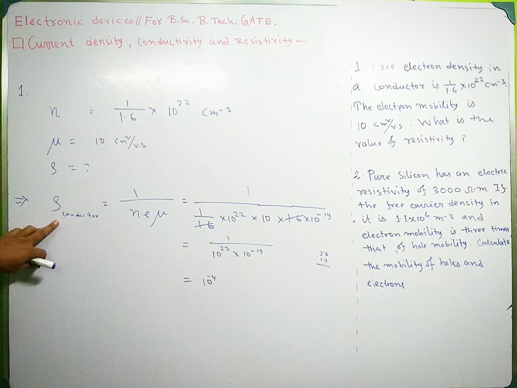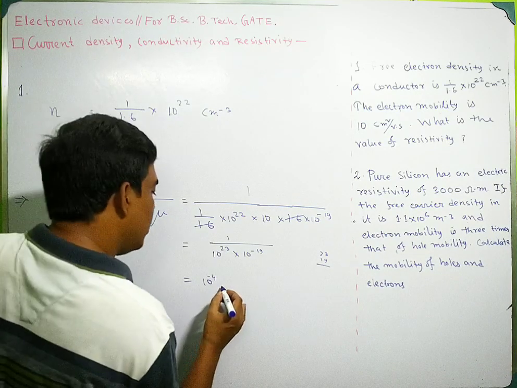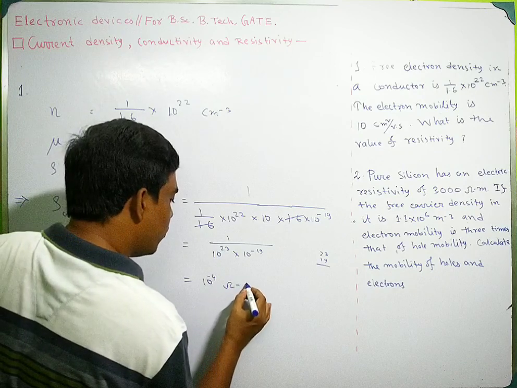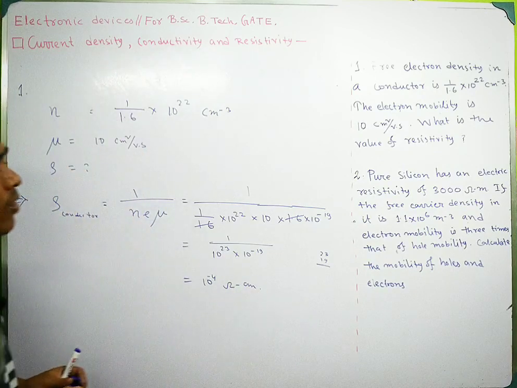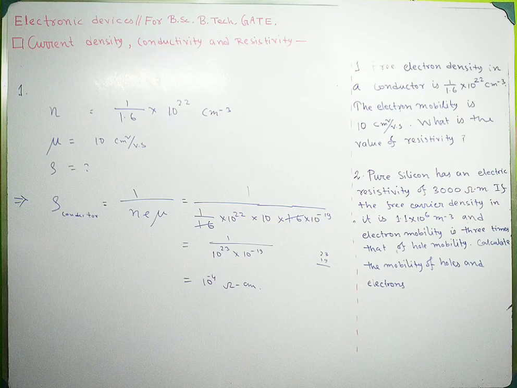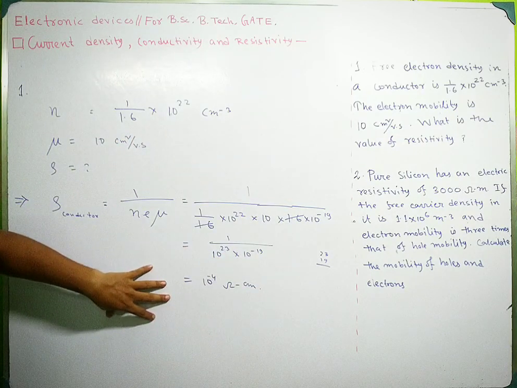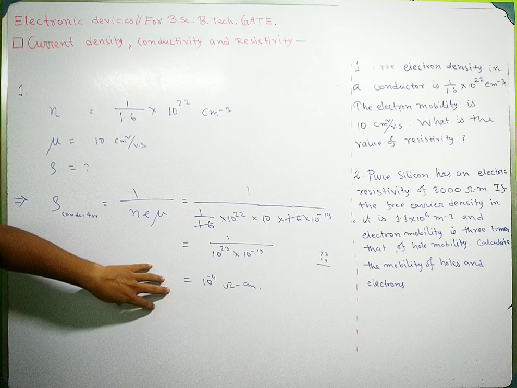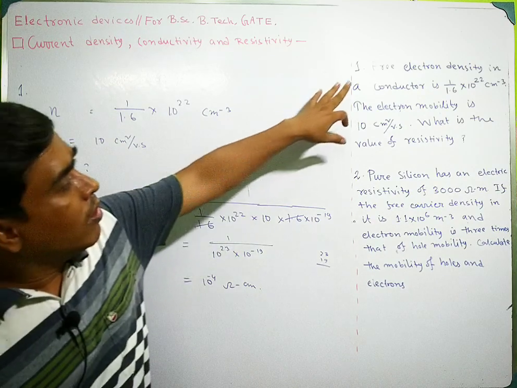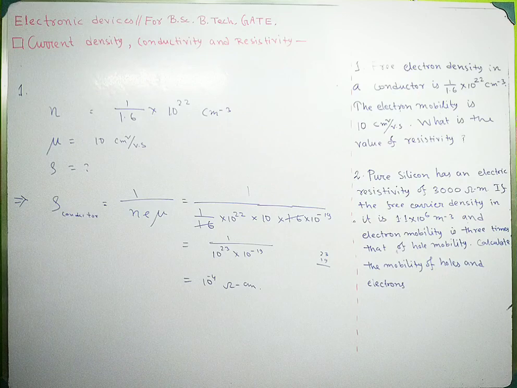So resistivity can be written as ohm cm. This is the solution of problem 1.